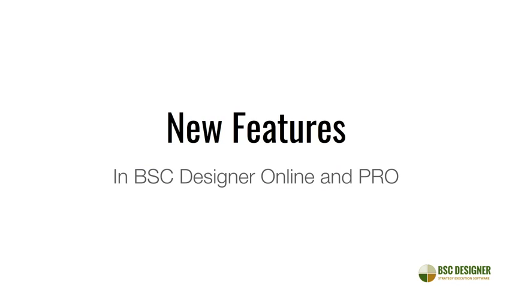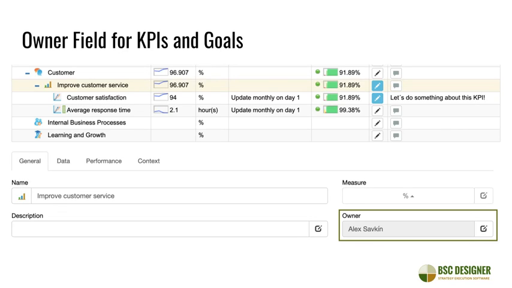Now let's talk about new features that we have added into the BSC Designer Online and in BSC Designer Pro. First of all, you will find that now all the business goals and all KPIs on a KPI tab have this new field, owner. So what is this field for?